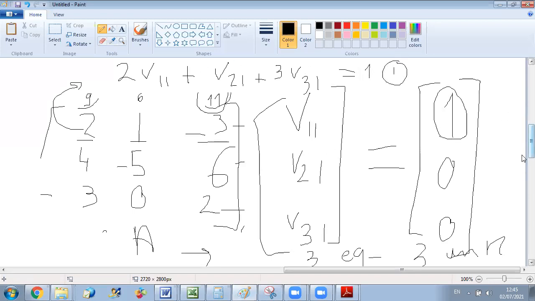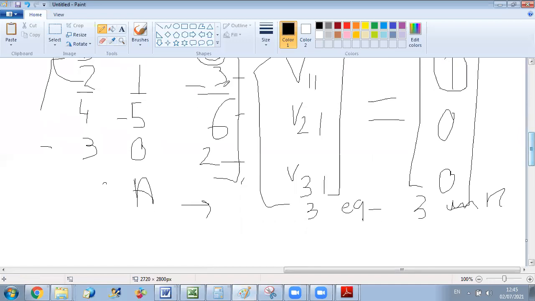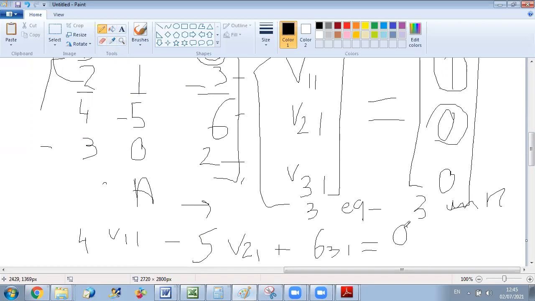Equation number 2 will be 4 times V11 minus 5 V21 plus 6 V31 equals now the second term, which is 0. And what will your third equation be?